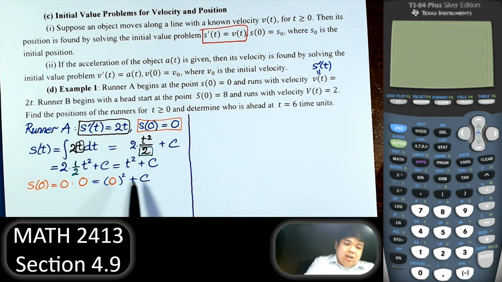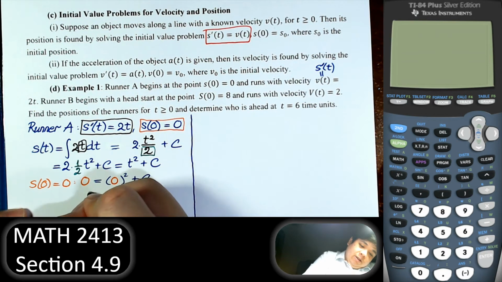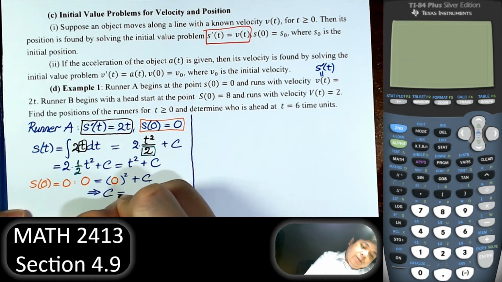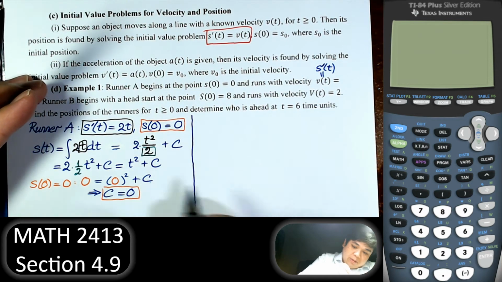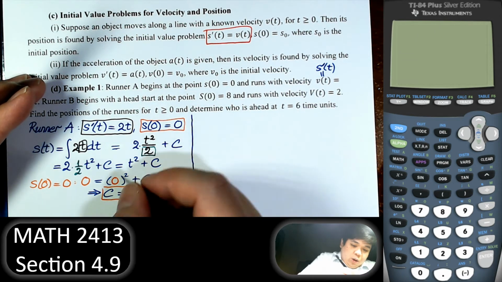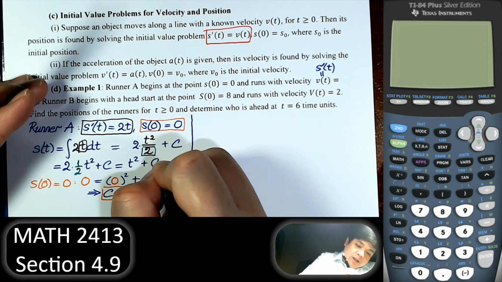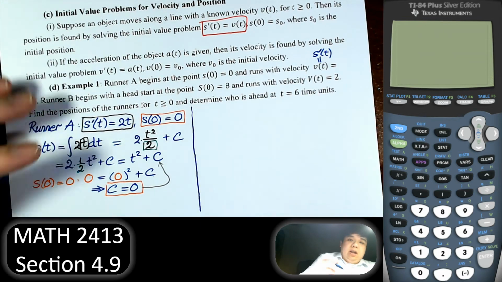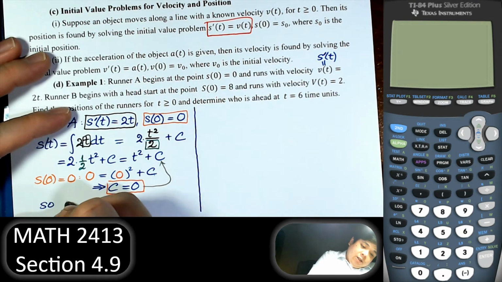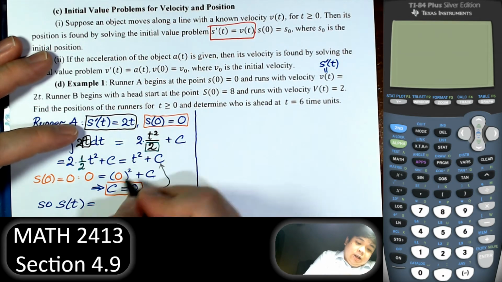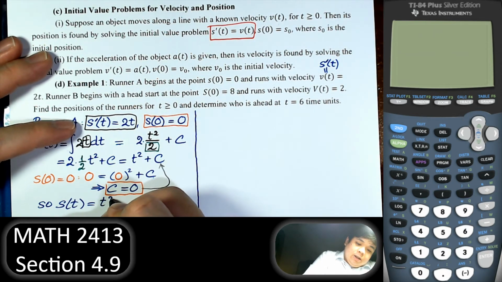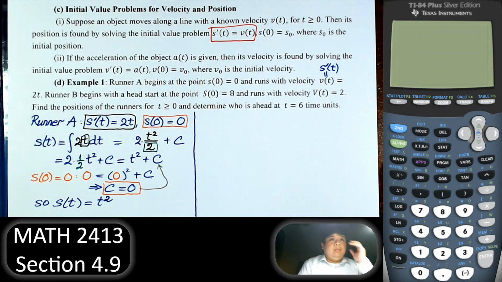So because of that, c is 0, which we can substitute into here. So the function is equal to t squared plus c, and c is 0.